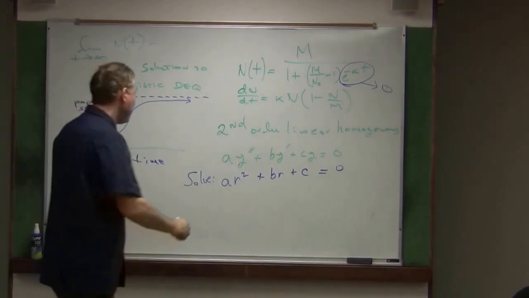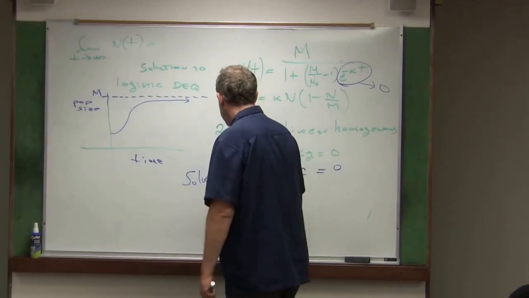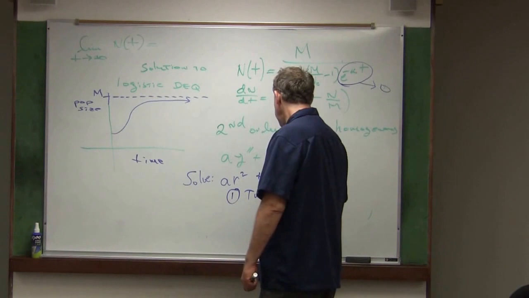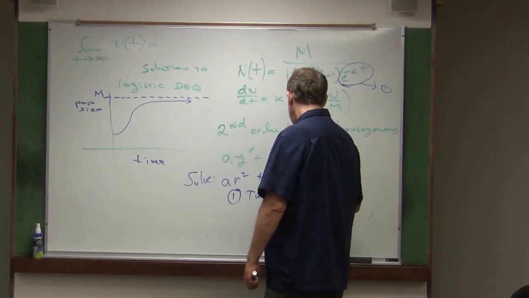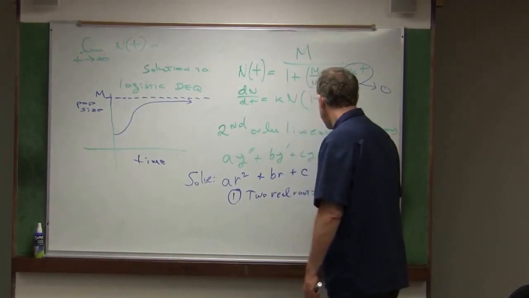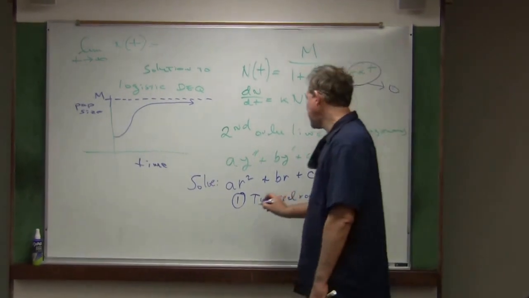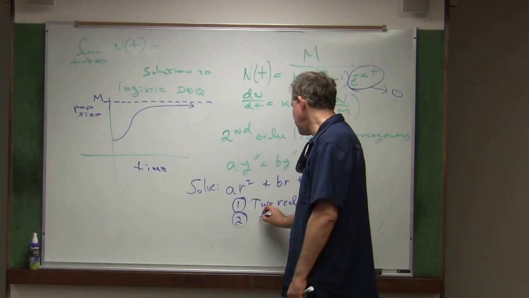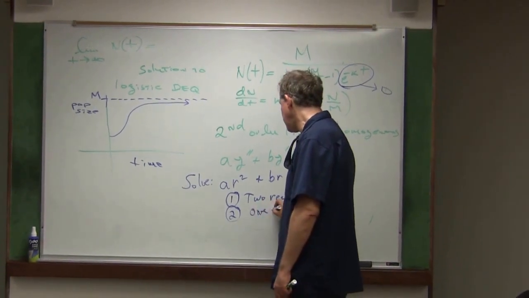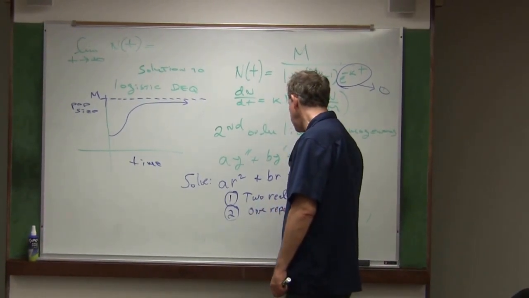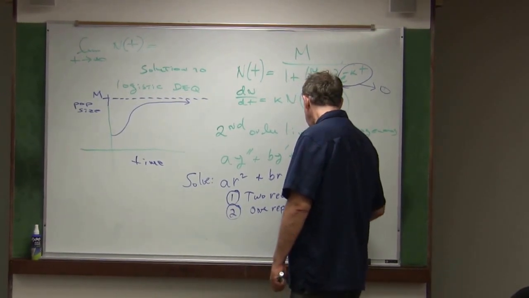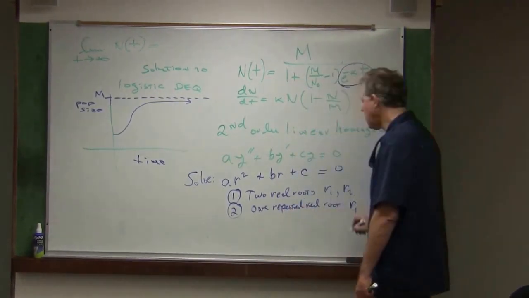So the 3 things that can happen are: first, 2 real distinct roots, so you get an r1 and an r2. The second thing that can happen is you get just 1 repeated real root, which is r1.